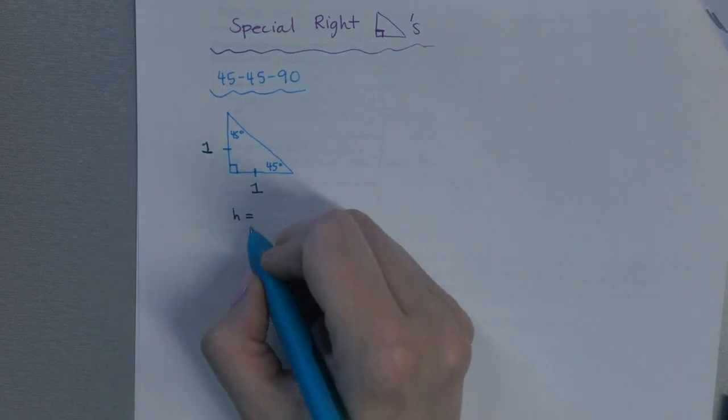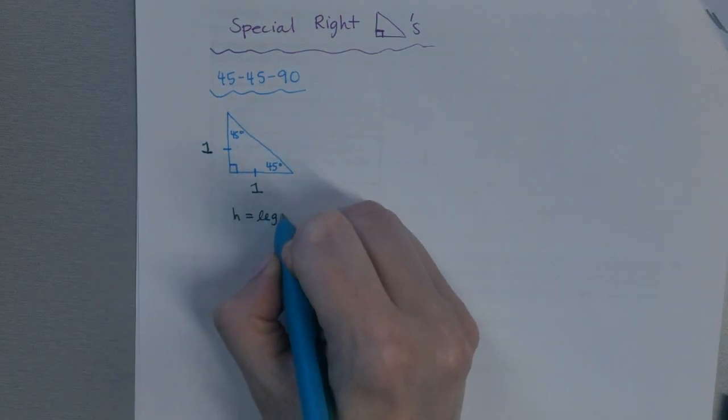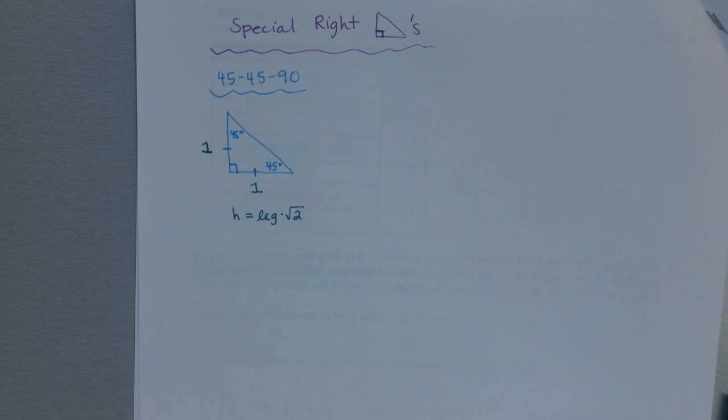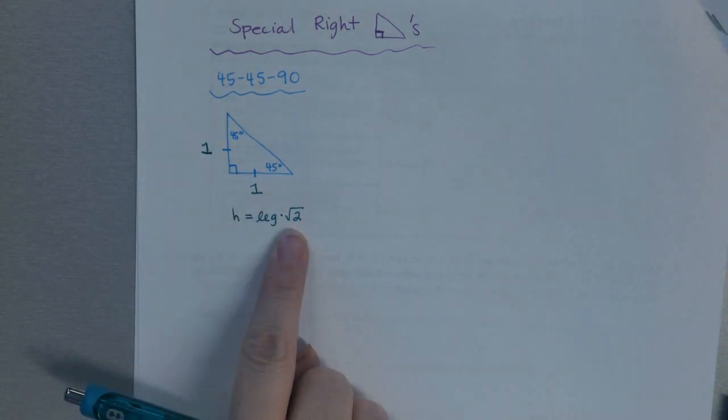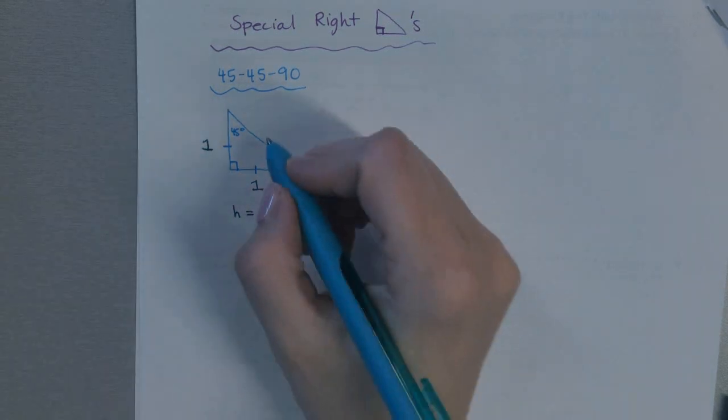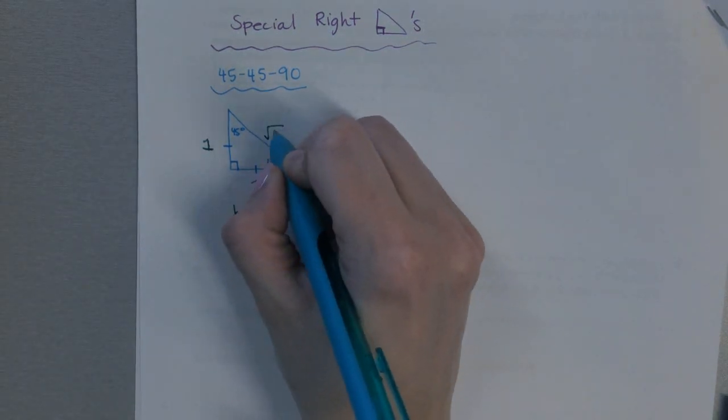So the hypotenuse was equal to whatever the leg was times the square root of 2. Does that seem familiar or no? Okay, so if the leg is 1, 1 times the square root of 2 is just what? Square root of 2. Okay?